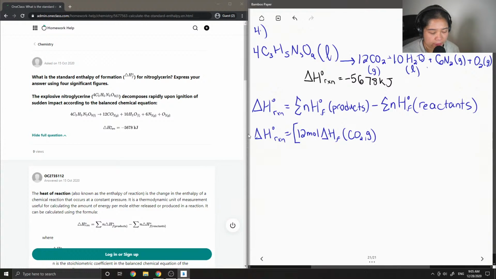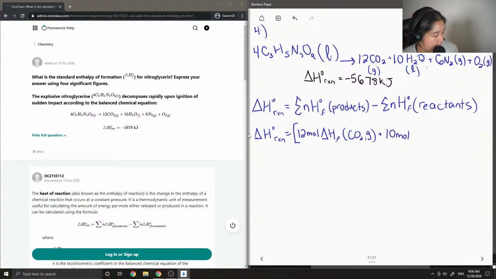I always like to write down what state they're in as well, because depending on the state, this will also affect its delta H of formation. So it's good practice to write down the states as you go along.